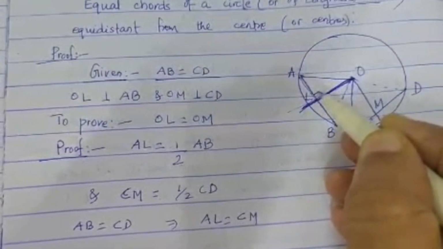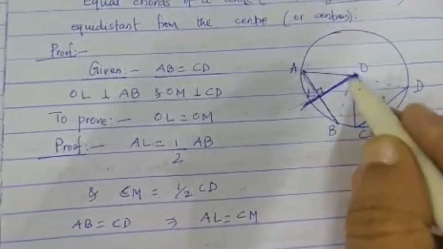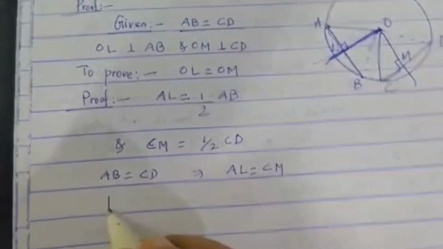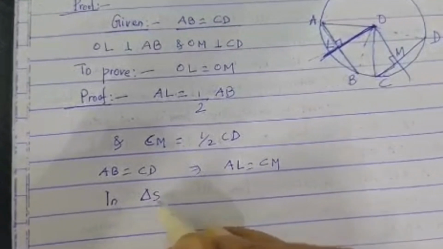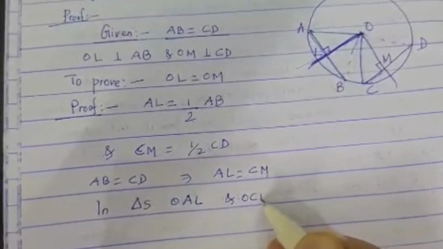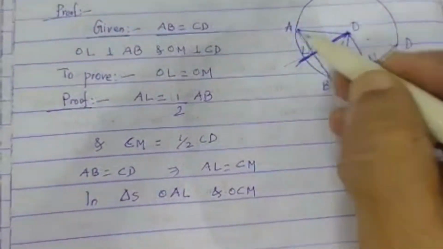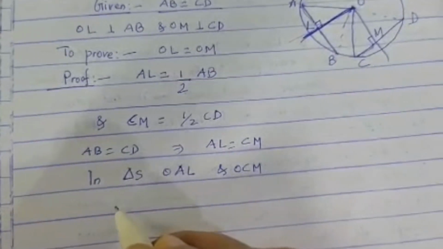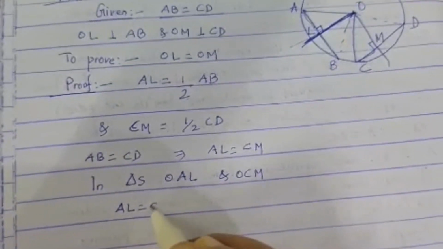Now we will compare these two triangles OAL and OCM. So in triangles OAL and OCM, these are the two right triangles. We have AL equal to CM.